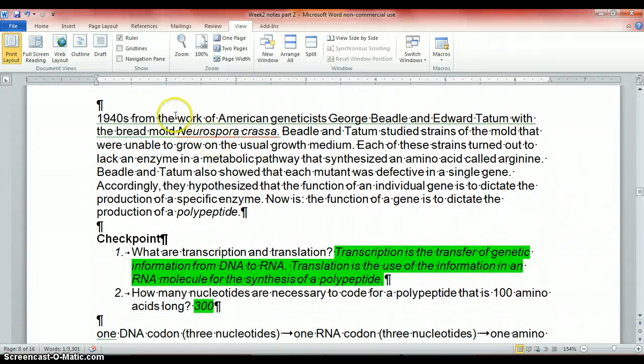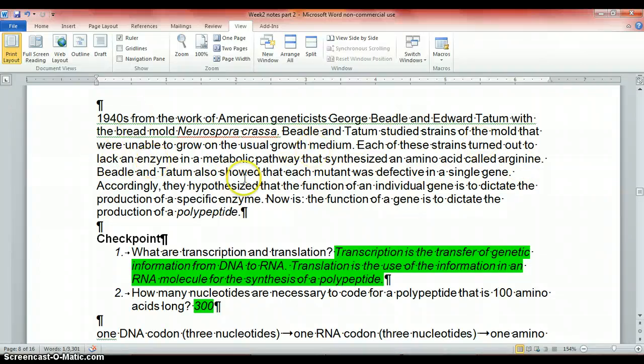So in the 1940s, from the work of the American geneticists George Beadle and Edward Tatum, with bread mold, Neurospora crassa, Beadle and Tatum studied strains of the mold that were unable to grow on the usual growth medium. Each of these strains turned out to lack an enzyme in the metabolic pathway that synthesized an amino acid called arginine.